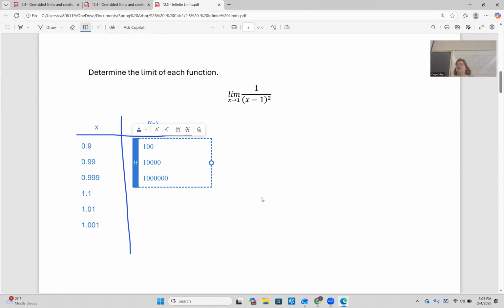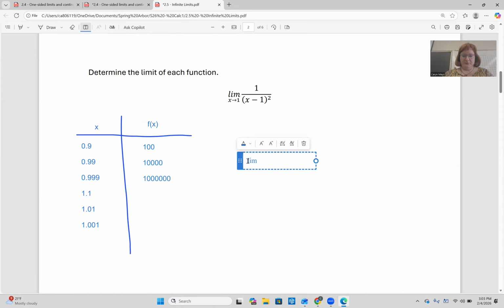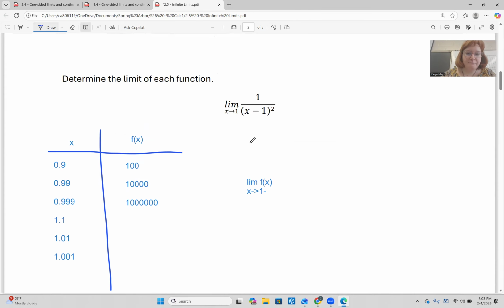So this is saying the limit of f of x as x goes to 1 from the left is infinity. What about the 1.1 side?